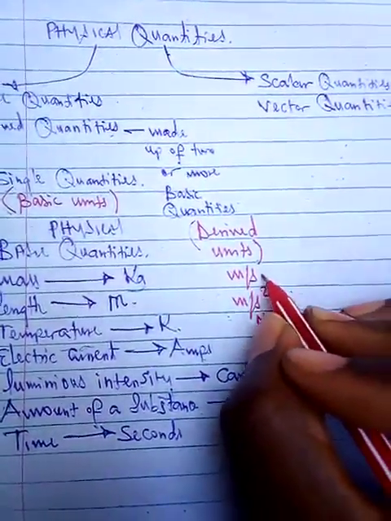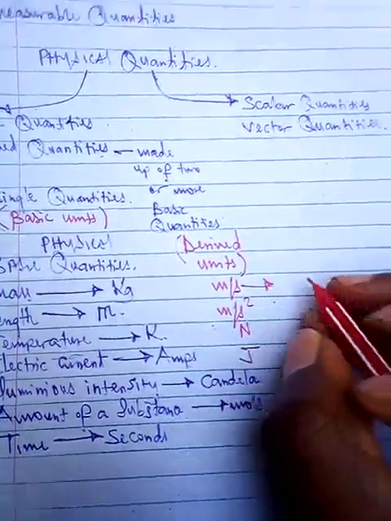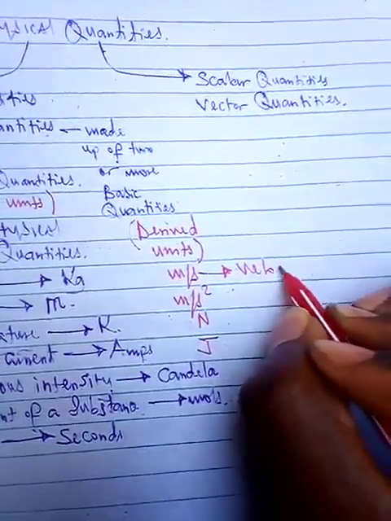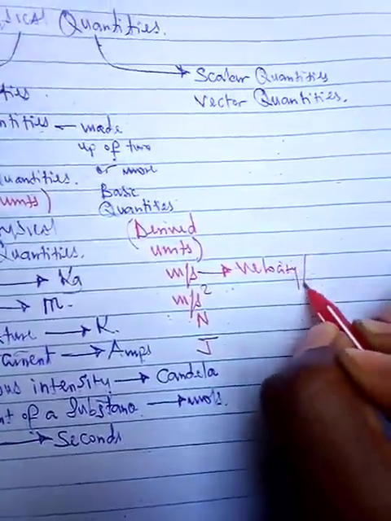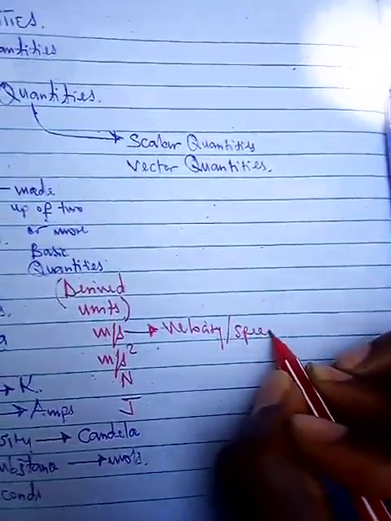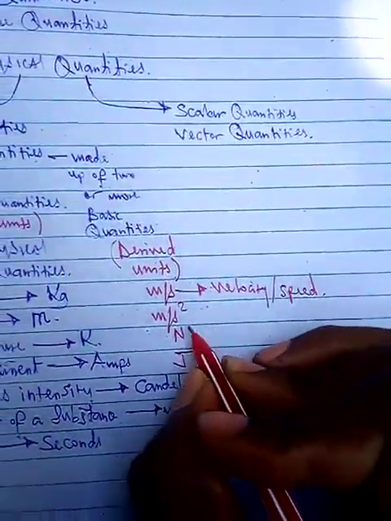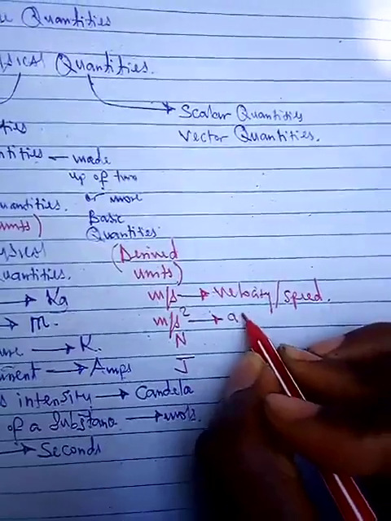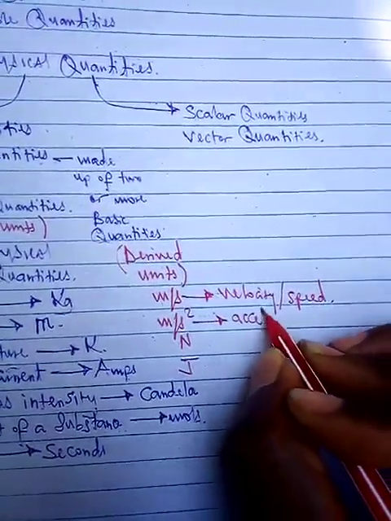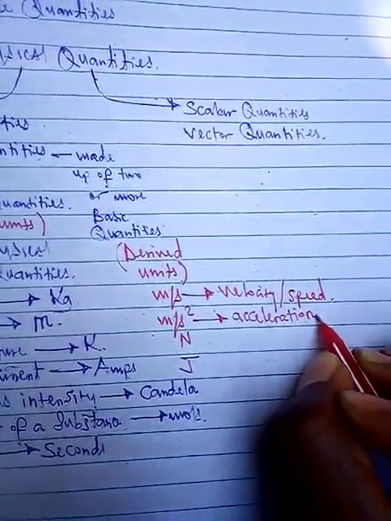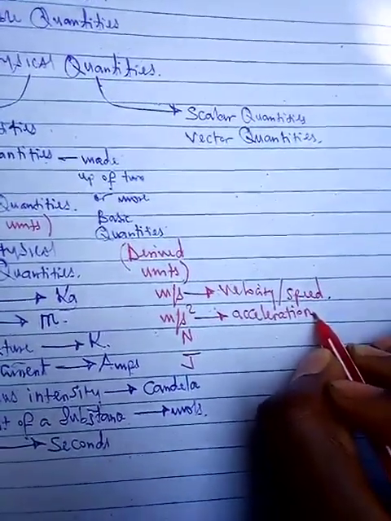Meters per second is strictly for velocity slash speed. The meter per second squared refers to a certain physical quantity, derived for that matter, known as acceleration.